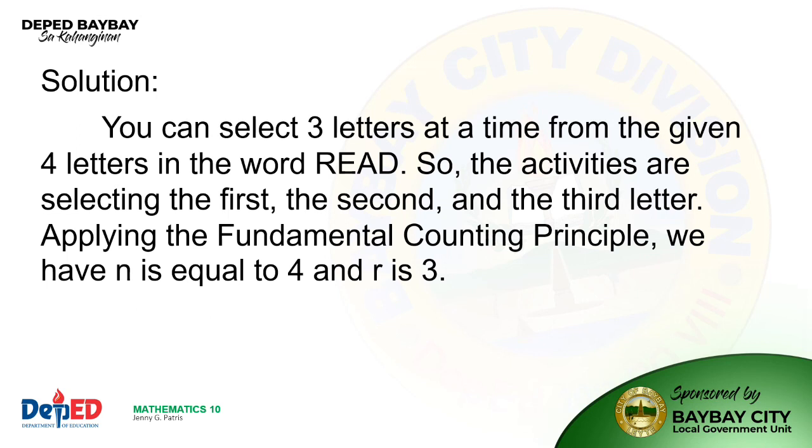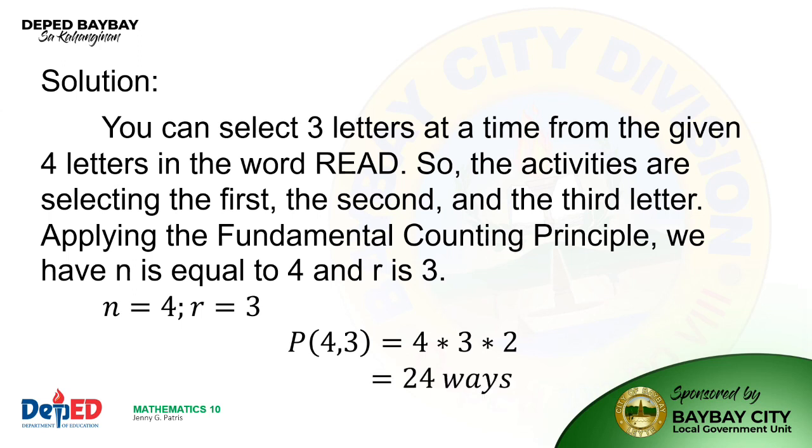So, the activities are selecting the first, the second, and the third letter. Applying the fundamental counting principle, we have n is equal to 4 and r is 3. So, the permutations of 4 taken 3 at a time is just equal to 4 times 3 times 2, which results in 24 ways.